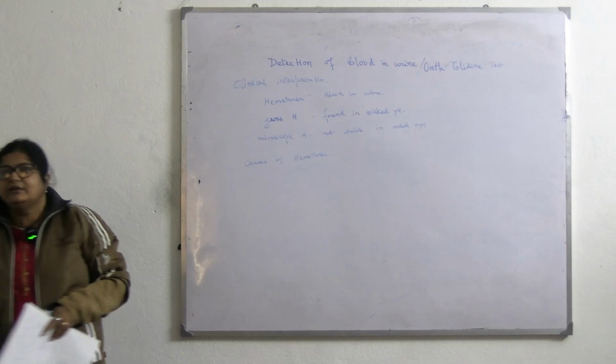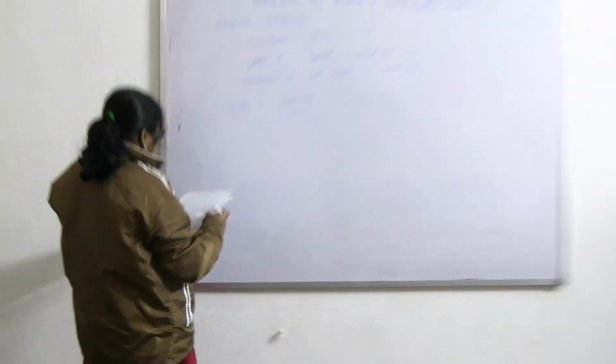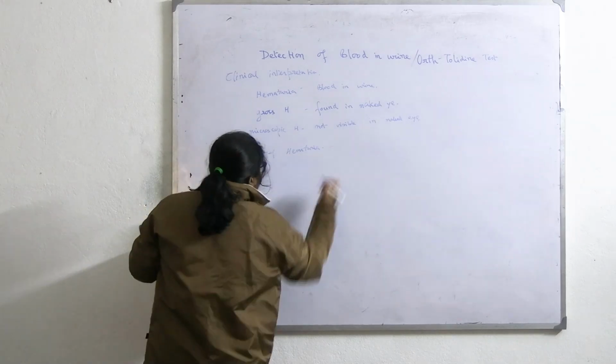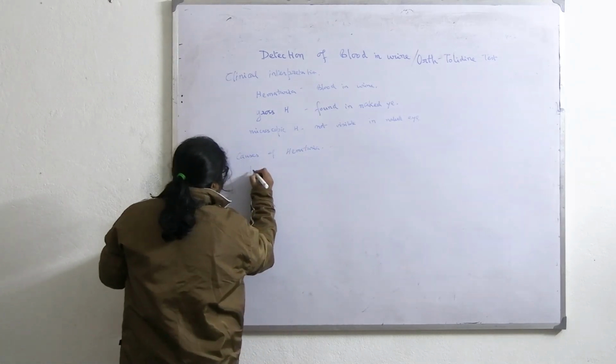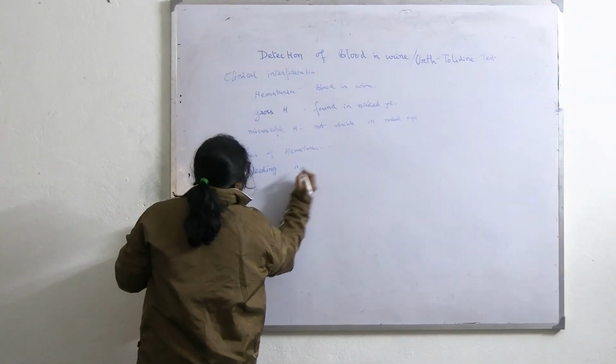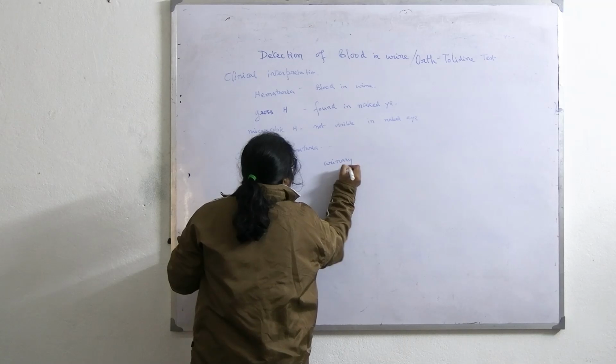If there is any trauma or bleeding in the urinary tract due to trauma, it may be due to stone formation, renal calculi or urinary bladder calculi, a stone in the kidney. Causes of hematuria, bleeding in the urinary tract.